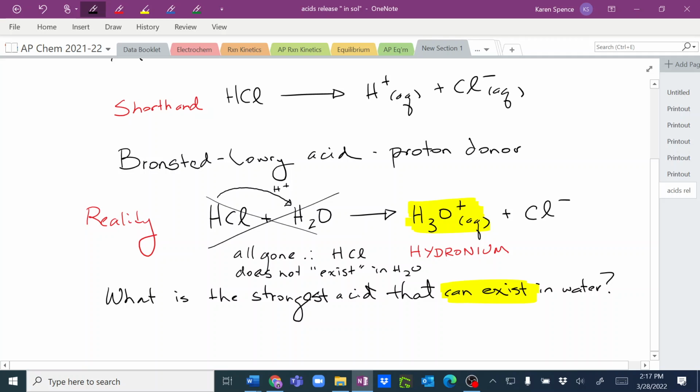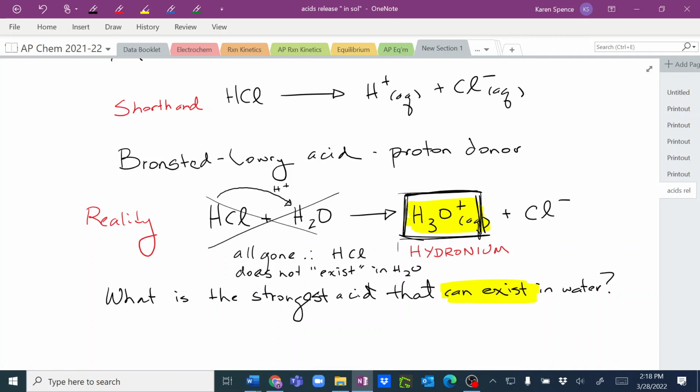What does it turn into? H3O+. So the hydronium ion is actually the strongest acid that can exist in water. Any acid that is stronger than hydronium gives away its proton and ceases to exist in water.